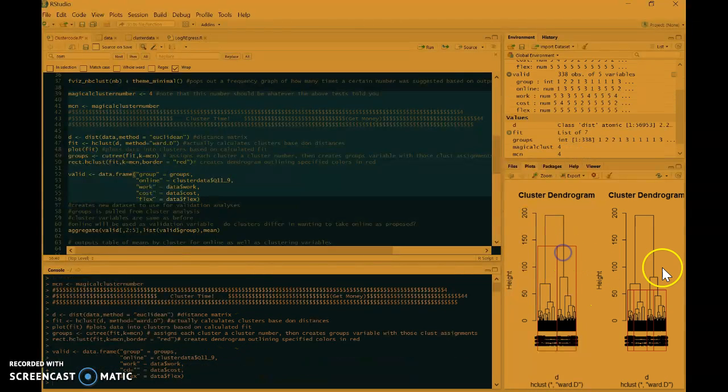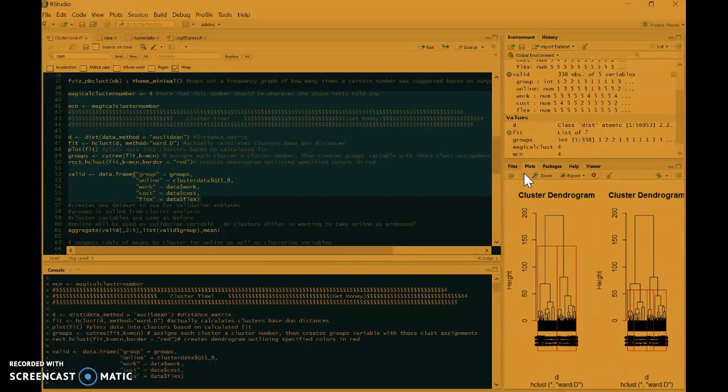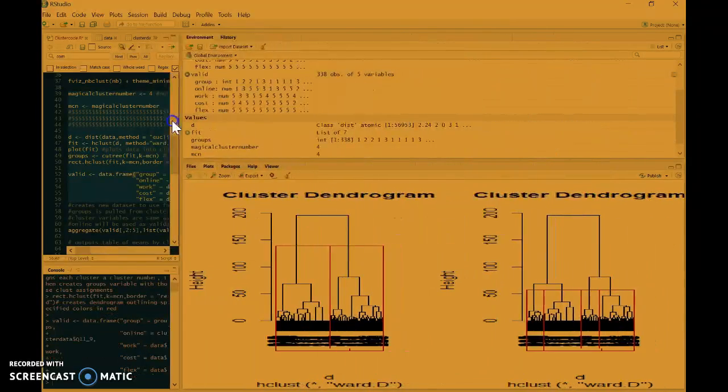Oh, that's kind of weird. Why is it doing that? That is weird. Okay. So it popped up the dendrogram on the side of the old dendrogram, which is weird.